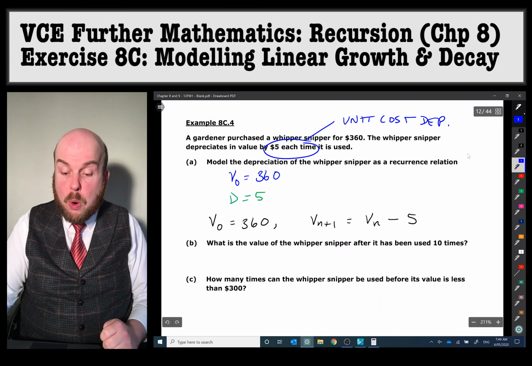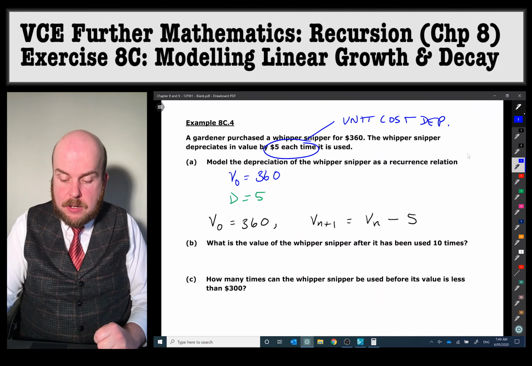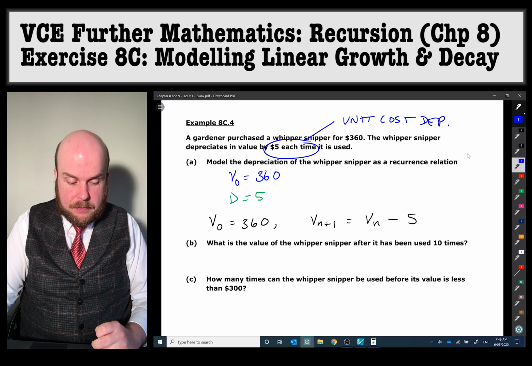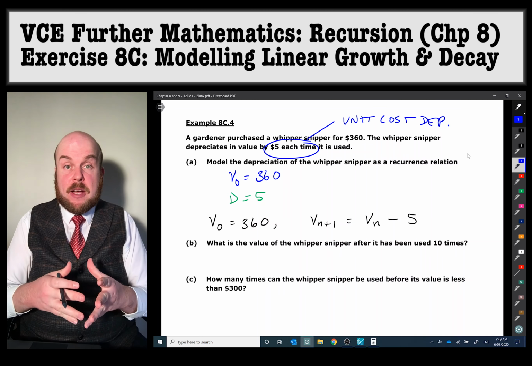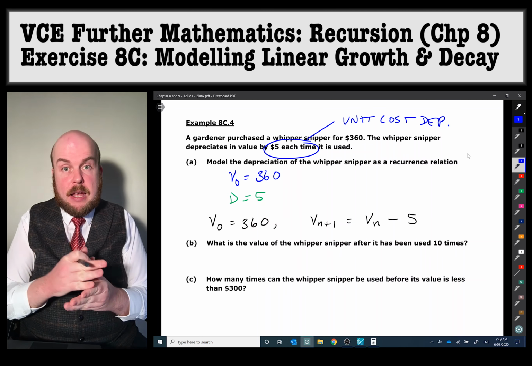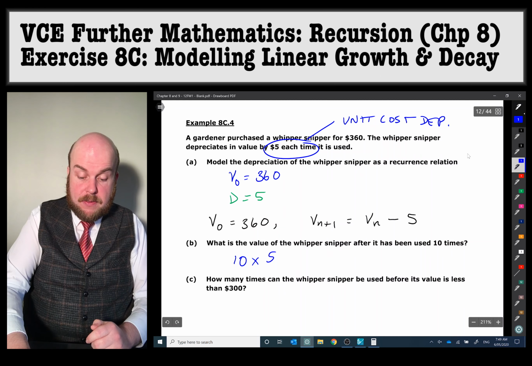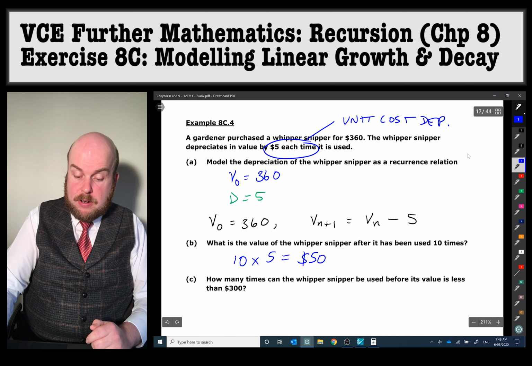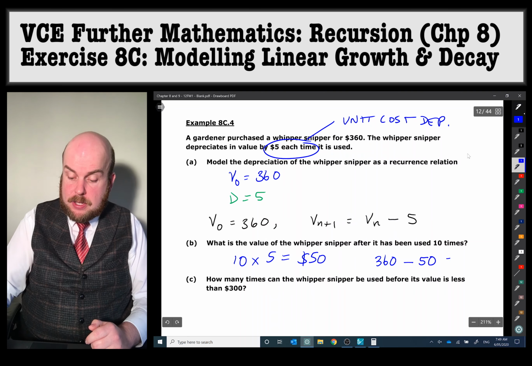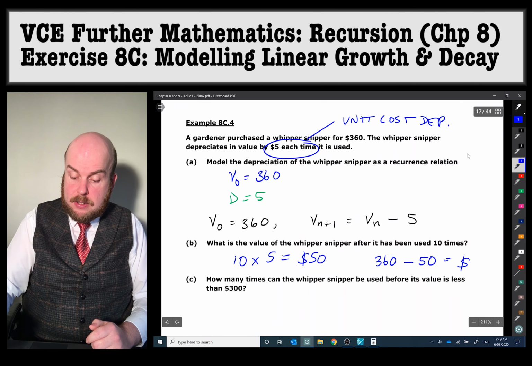What is the value of the whipper snipper after it's been used 10 times? Well, if each time it's being used it's going down by $5, then I just need to do 10 times $5, which is 50. And so 360 take away 50 is equal to 310.